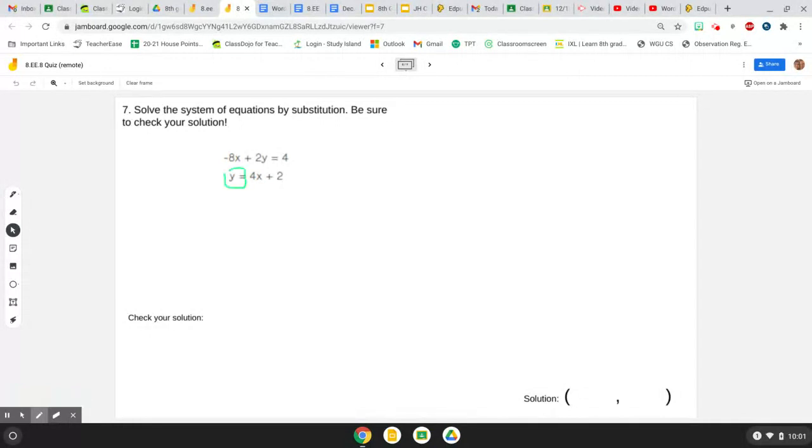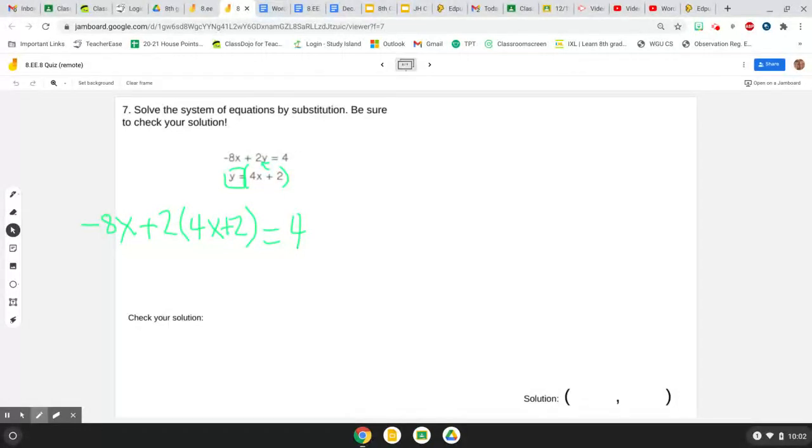So you already have that. Now I can substitute. So second step is to substitute that in for the y in the other equation. So I'm going to have -8x plus 2 times y, which in this case, remember, is this whole quantity, and then equals 4 to finish that off.